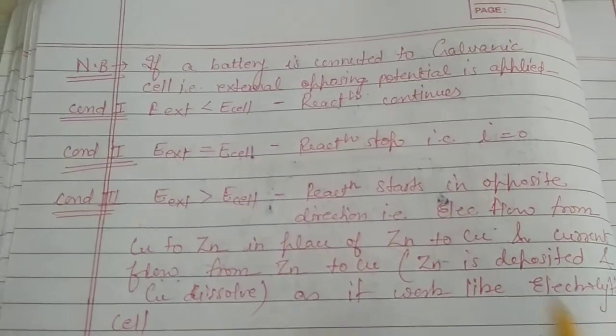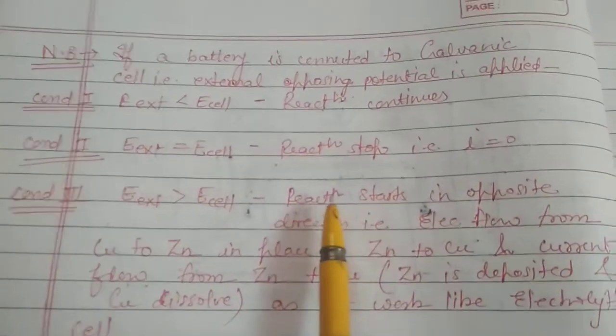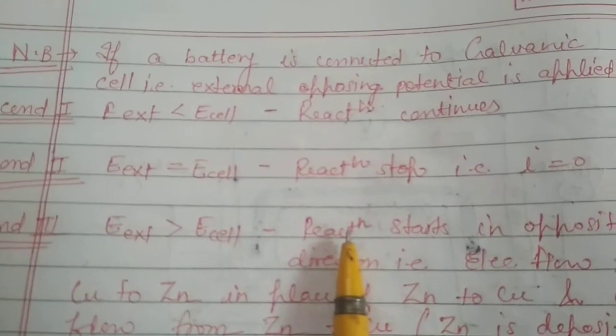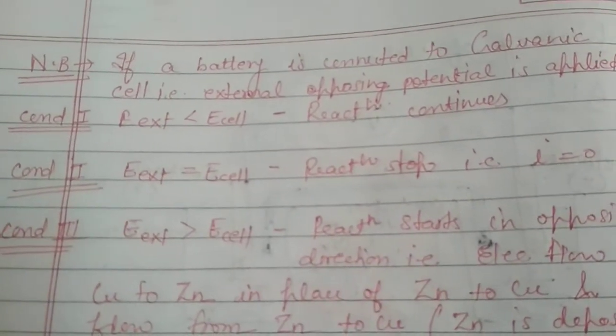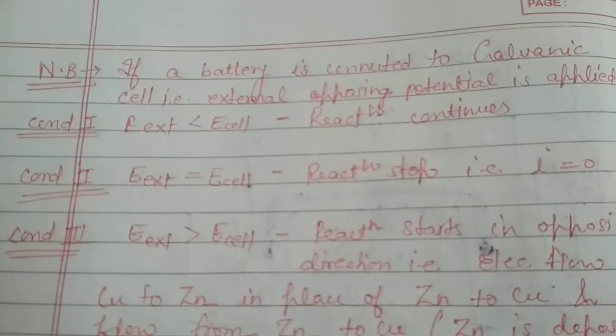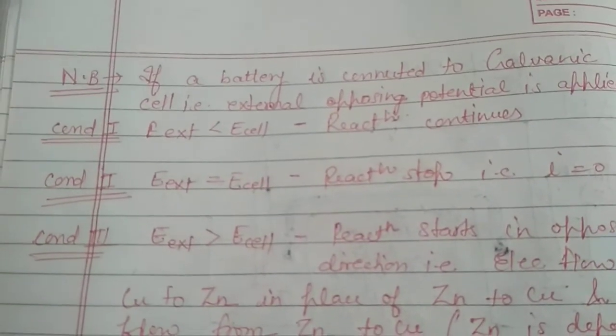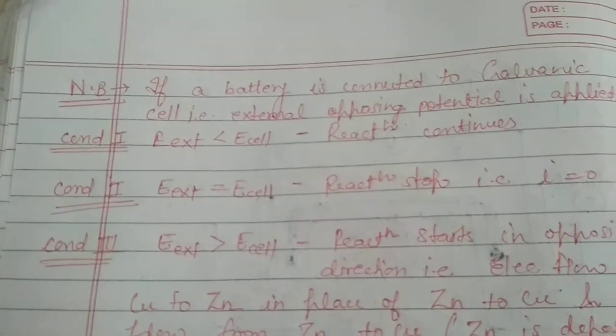So now the next topic that we are to discuss is the electrode potential. But before that, let's discuss three cases. What are the three cases? Suppose to the galvanic cell that we have just discussed, we are connecting a battery. It means we are providing an external opposing potential, as there must be some electrode EMF of the cell.